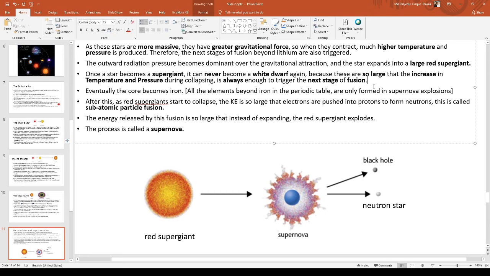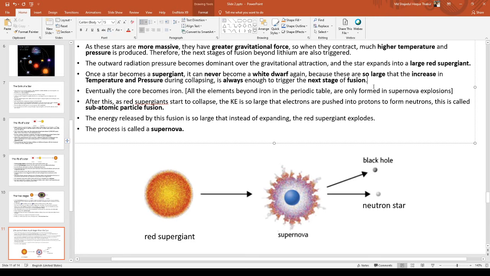Now, if you go in the periodic table, you will see aluminium, silicon, phosphorus, sulfur, chlorine, argon, potassium, calcium, scandium, titanium, vanadium, chromium, manganese, and then iron.